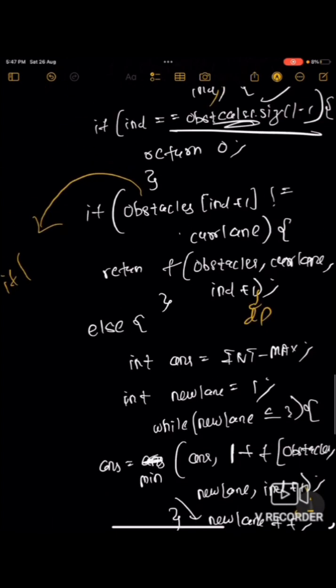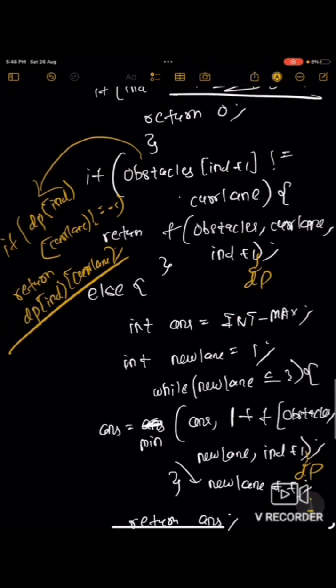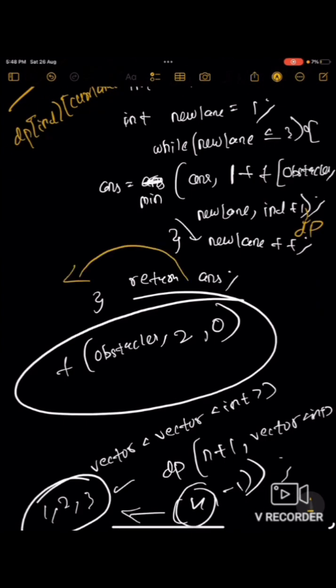In the base case, if dp of index and current lane is not equal to -1, simply return dp of index and current lane, right? This is the base case. After the base case, and then here just put dp of index and current lane, and here also.